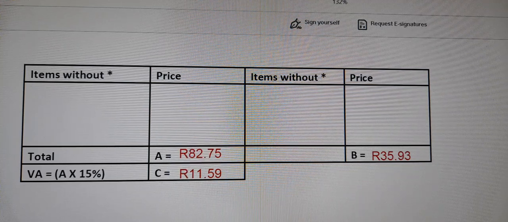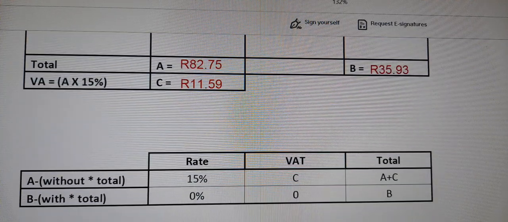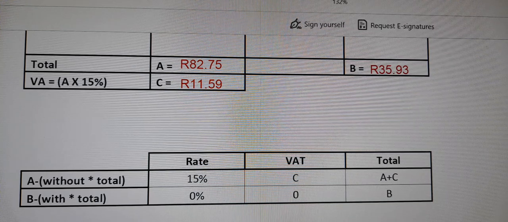Okay, so you see we filled our column, so we can get the total balance due, which will be different. Let's add accordingly now. Remember, total balance or total due will be A plus B plus C. So it will be 11.59 plus 35.93 plus 82.75.